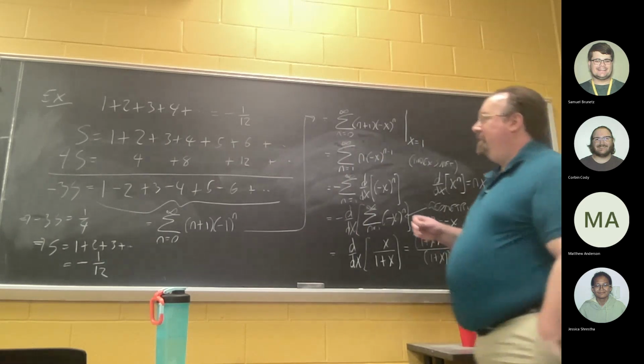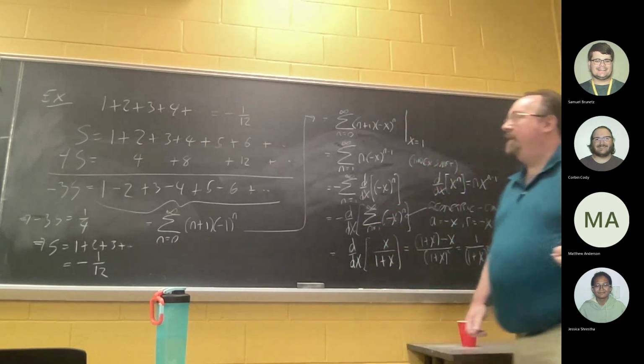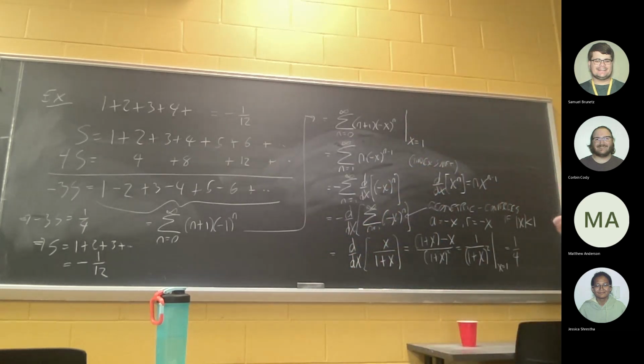But this is related to a real result that I should make you aware of. I've talked to you about 2 different types of convergence. Does anyone remember what they are? Yes, absolute and conditional convergence.